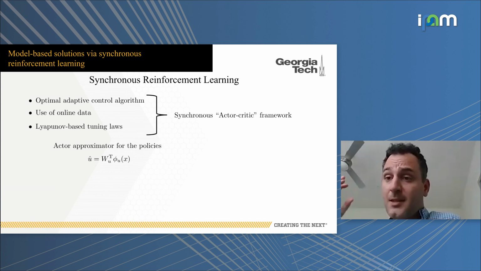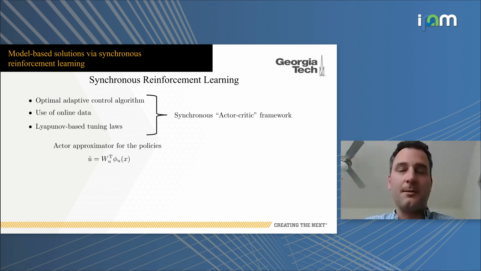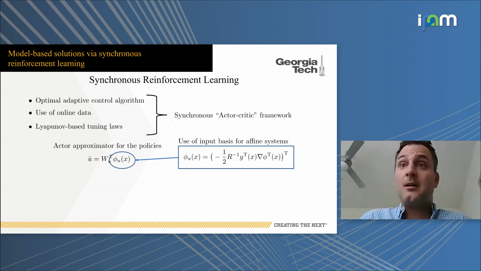It depends on the gradient of the V. But we also want to guarantee stability. And if you do that, then we have to do slightly more control, which we don't like because it can cause some damage to the control systems. Okay, so this is my actor.